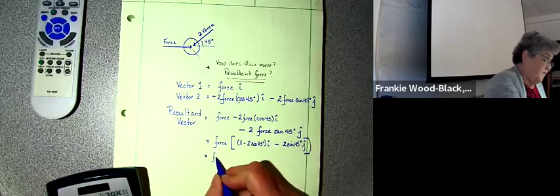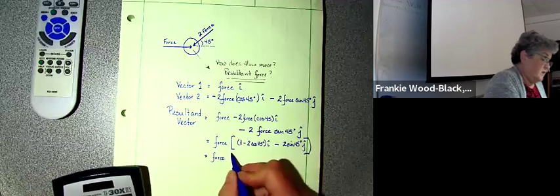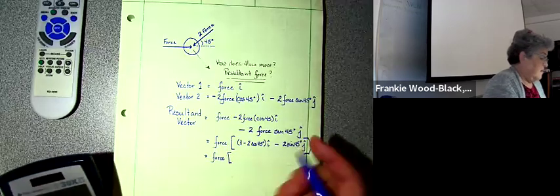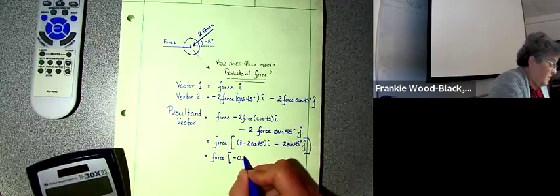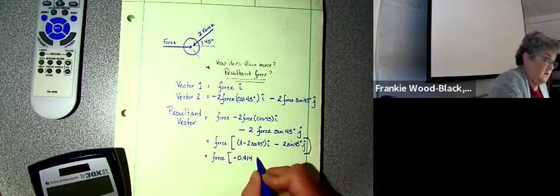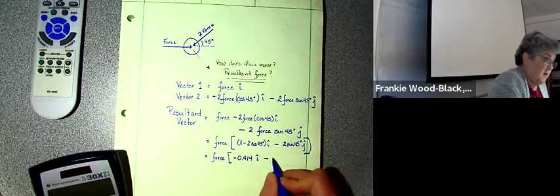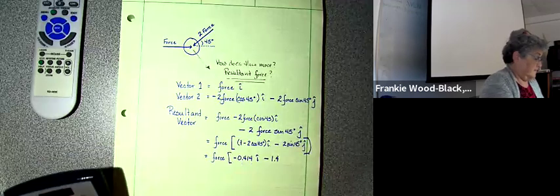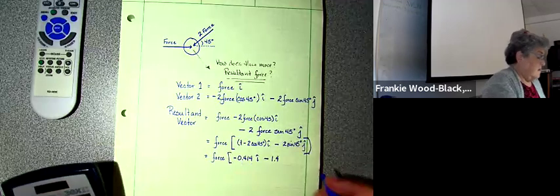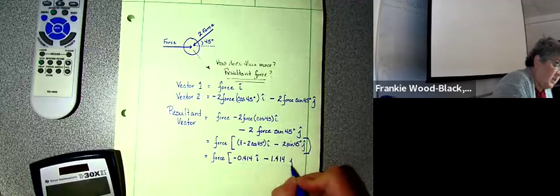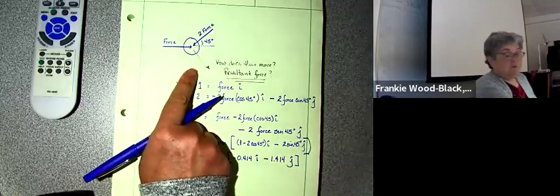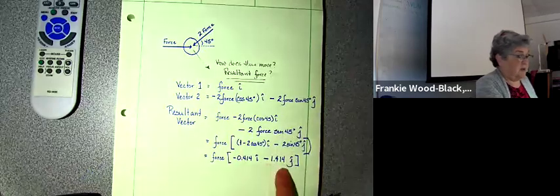I'm going to have my force equal to negative 0.414 in the I direction, minus 1.414 in the J direction. So I drew my picture wrong. That's what's going to tell me I drew my picture wrong.